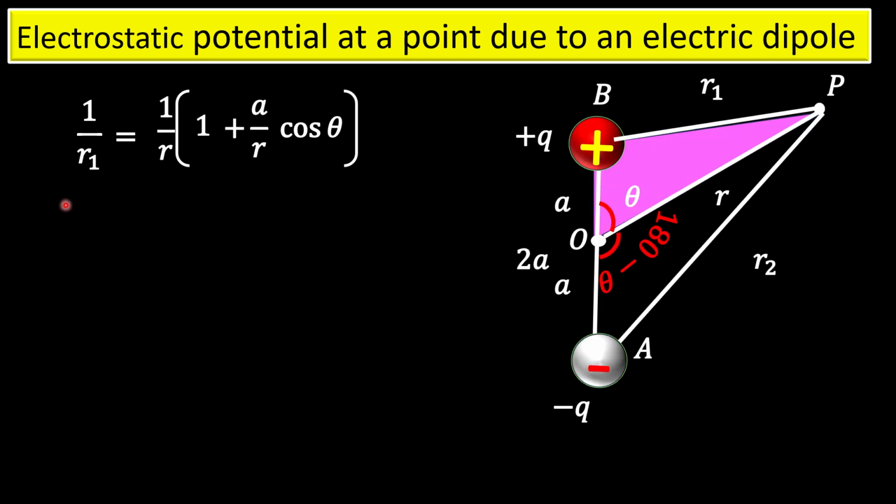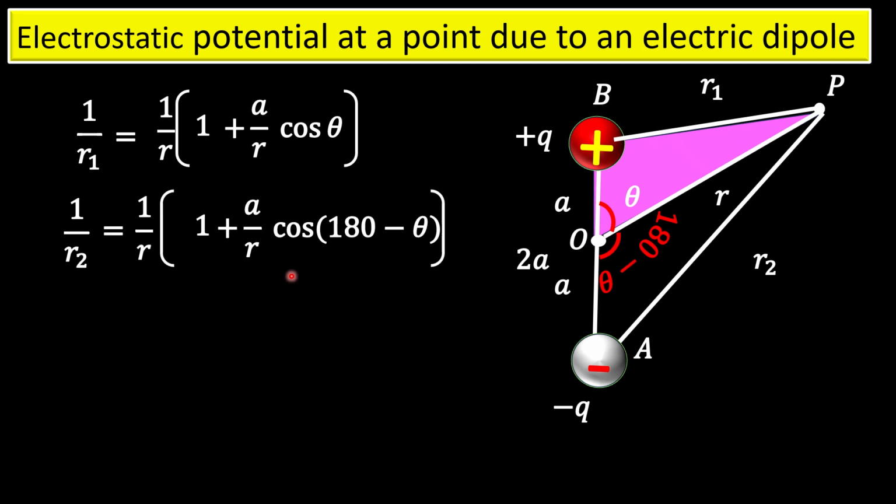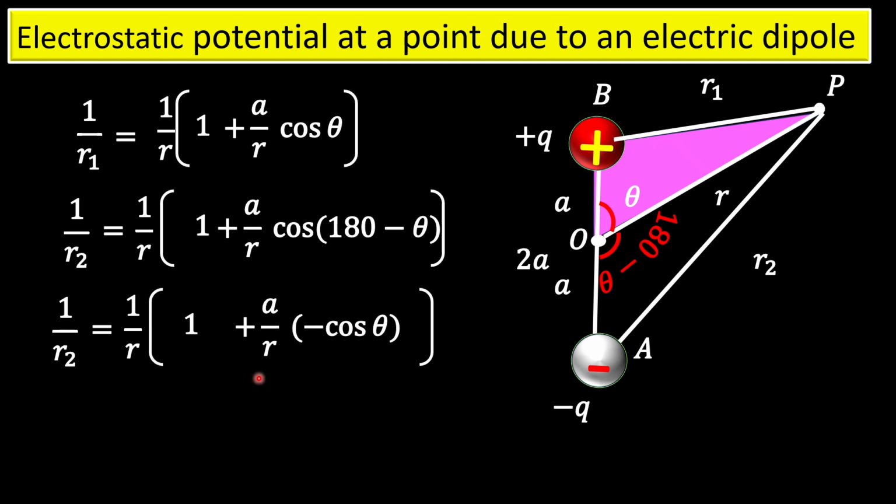Next, we have to find 1 by r2. For this, we change only the theta value. Here, theta becomes 180 minus theta. So cos of 180 minus theta is minus cos theta. So 1 by r2 becomes 1 by r into 1 minus a by r cos theta.